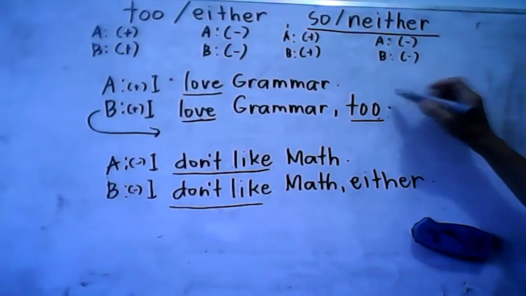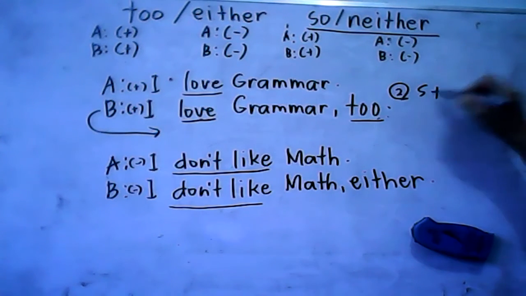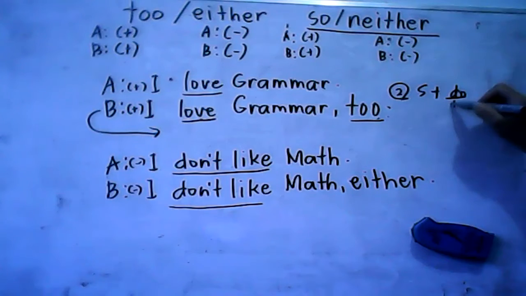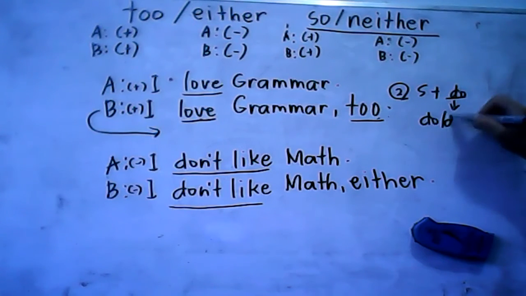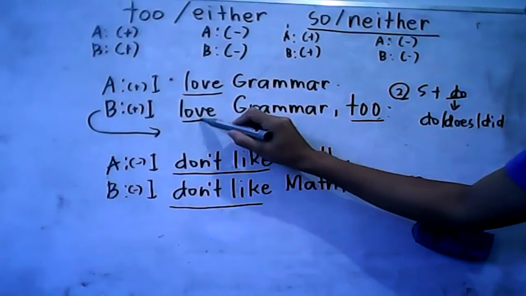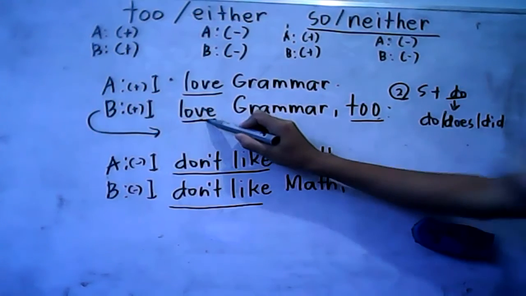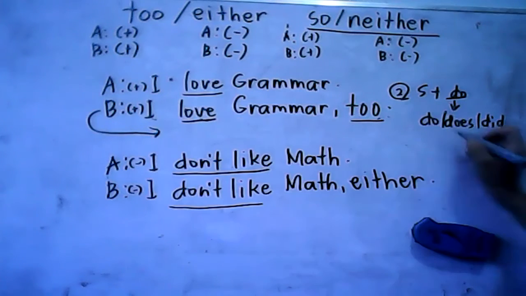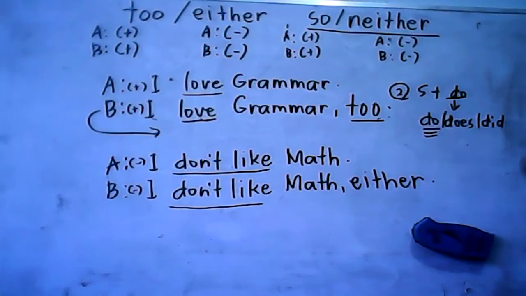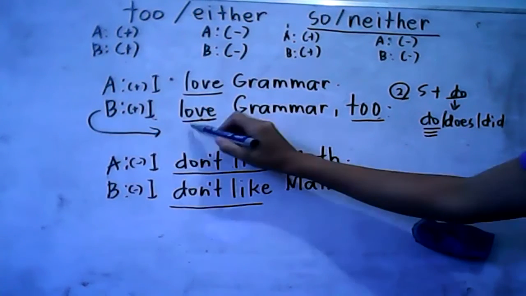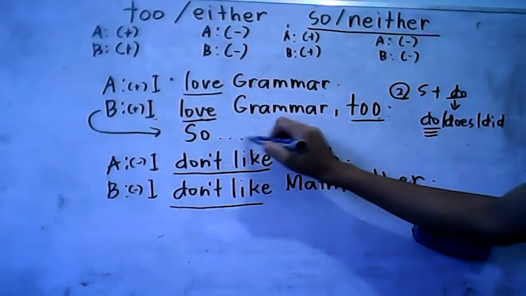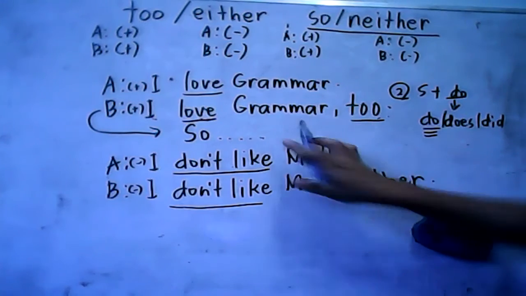No. So we use rule number 2, subject plus do verb. We use do, does, and did. So this is present and we're using I, so we have to use do. Alright? How do we use it? We say so and then your subject.